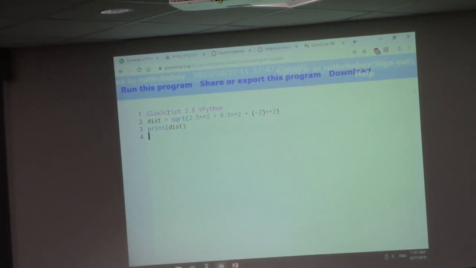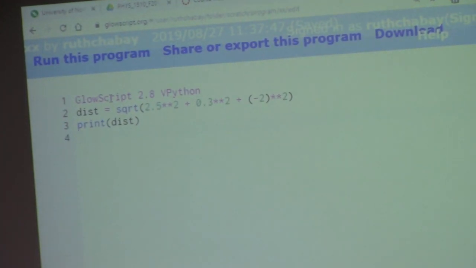Let's actually simplify our lives and tell the computer to make a vector.